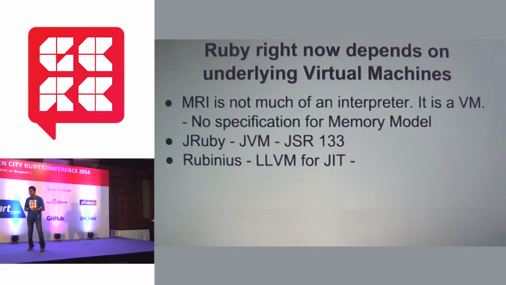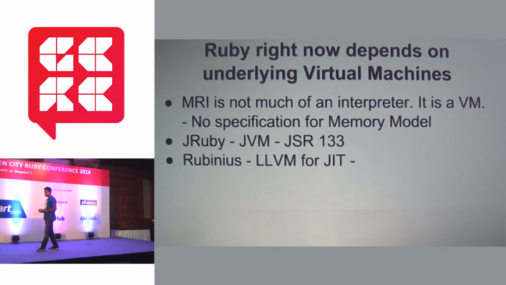So Ruby right now depends on underlying virtual machines. Even after YARV, you have bytecode compilation, so even MRI is almost like a VM. It has no specification for a memory model, but it does have something internally. We have to pore through the C code and understand it, and it's not guaranteed to remain the same from version to version, as I understand.